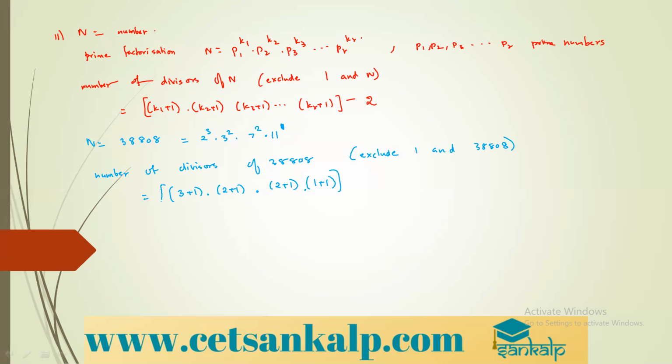After doing all these, subtract these two divisors. So 4 into 3 into 3 into 2 minus 2. That means 72 minus 2. Total 70 divisors, in which you are not counting 1 and 38,808 as divisors.